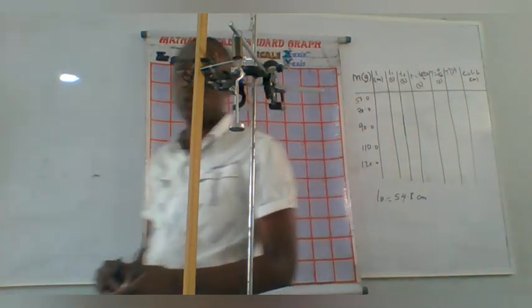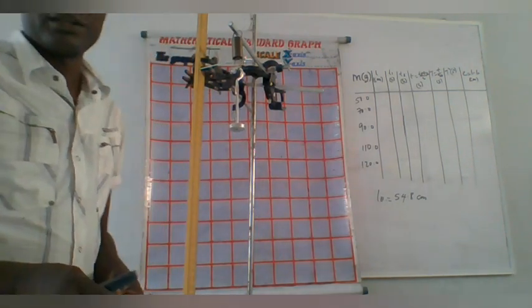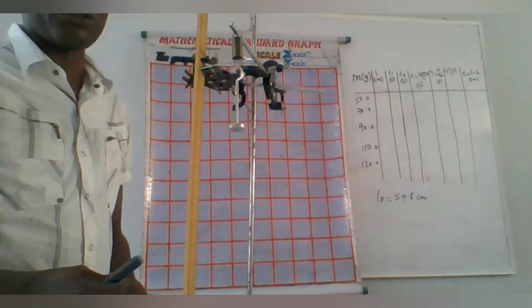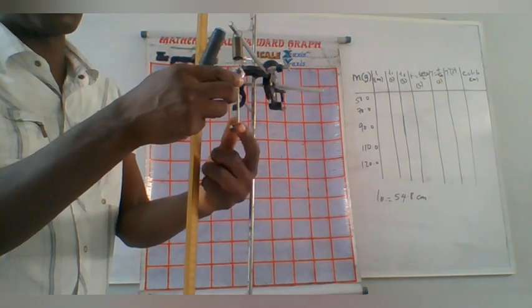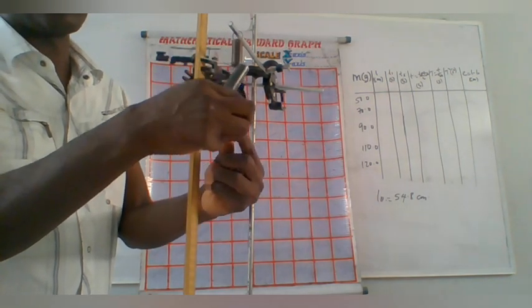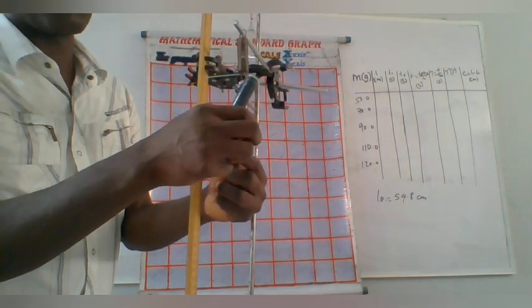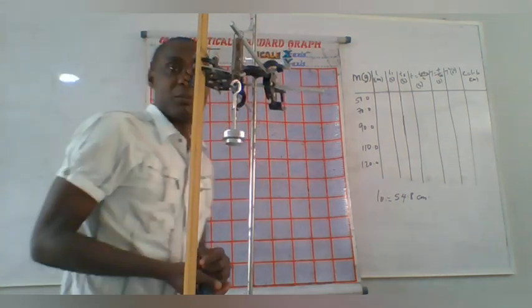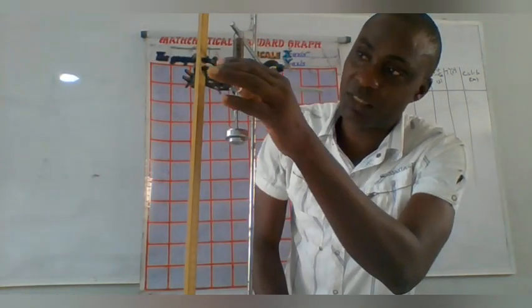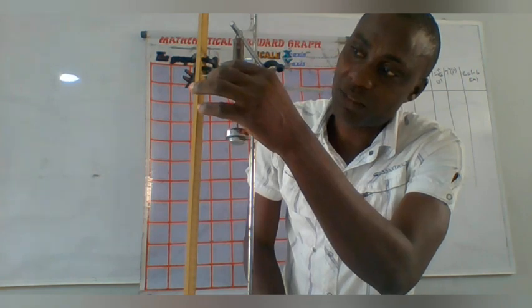Now the next thing I have to do is to put the first mass, which is the 50 gram mass, and determine the new length. I think I have to readjust this so that I can get the new length.